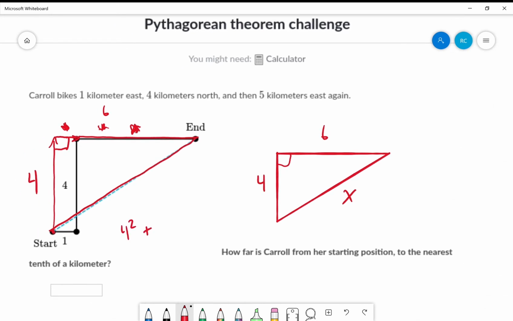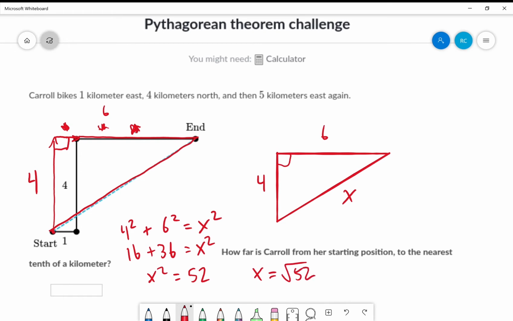4 squared plus 6 squared equals x squared. 4 squared is 16, 6 squared is 36, so we get x squared equals 52. We get x equals the square root of 52.